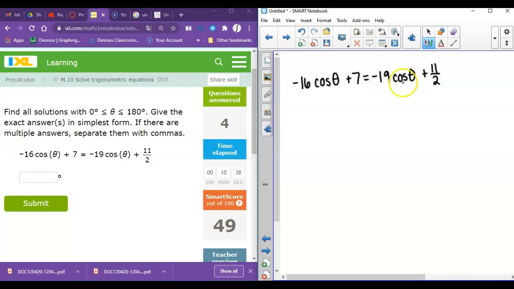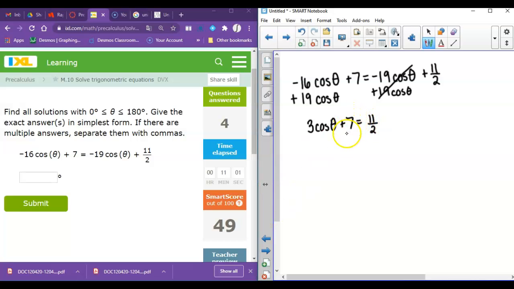First thing, you've got to get the cosine thetas together. So I would add 19 cosine theta over here to the 16 cosine theta. So that's going to give you 3 cosine of theta plus 7 equal to 11 halves.